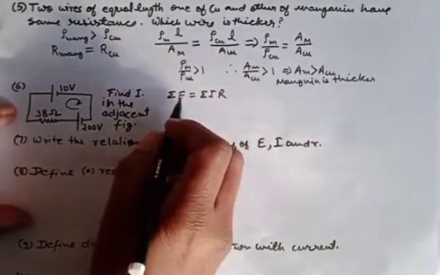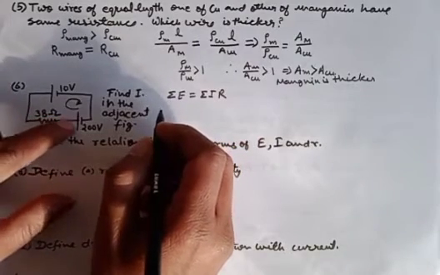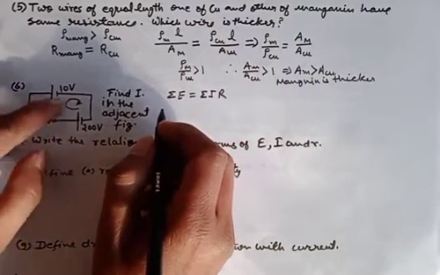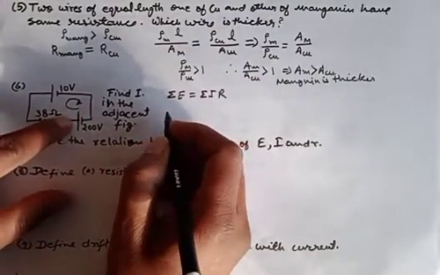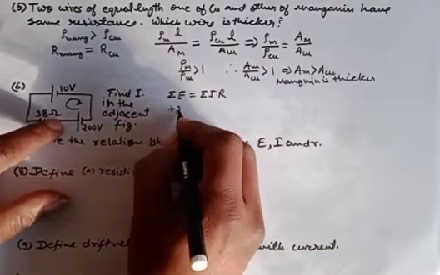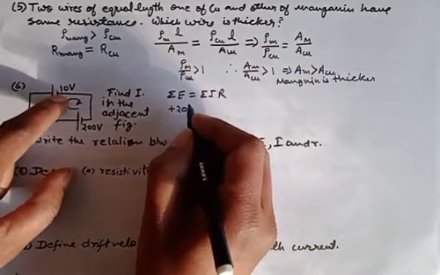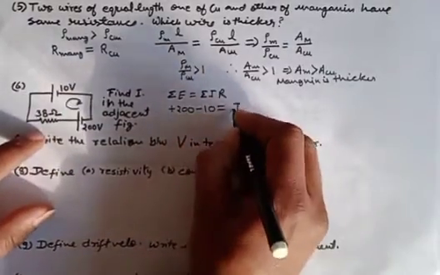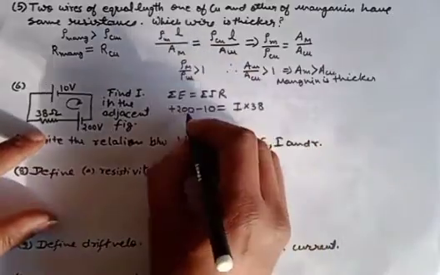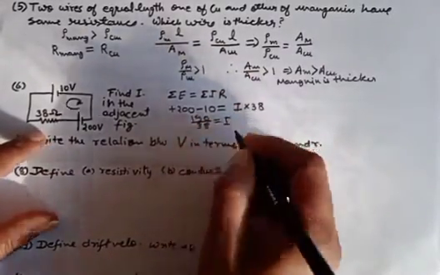While finding the algebraic sum of EMF, the plate from which you are leaving, take the sign of that plate. So it is positive 200. And now we are exiting from here, so minus 10, that is equal to IR, I into 38. So it will be 190 upon 38 equal to I. You can calculate it on your own.